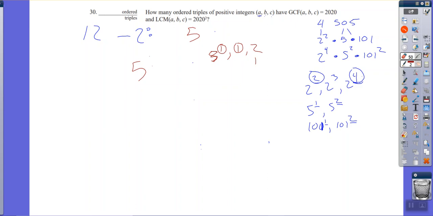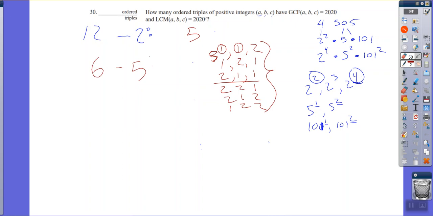Well, I can go 1, 1, 2, 1, 2, 1, 2, 1, 1. It is 6. Well, I could also have 2 2s and 1 1. And so I would just rotate it here. So here we have 6 different ways of organizing the factors of 5.